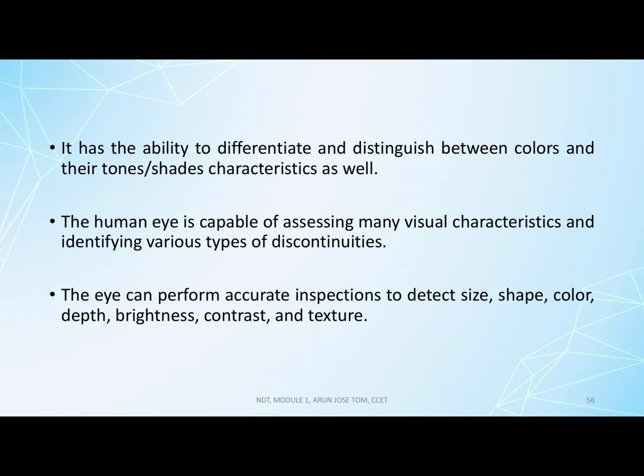Also, we can identify the discontinuities, because a trained person can easily identify and make a prediction by observing the discontinuities in a material. Also, the eye can perform accurate inspections to detect size, shape, color, depth, brightness, contrast, and texture. Whether the surface is smooth or not can be observed using the eye.